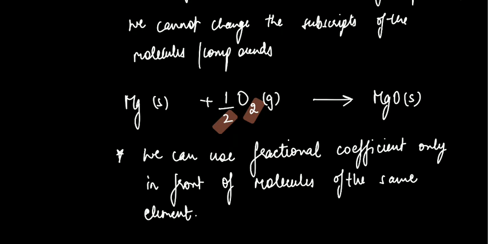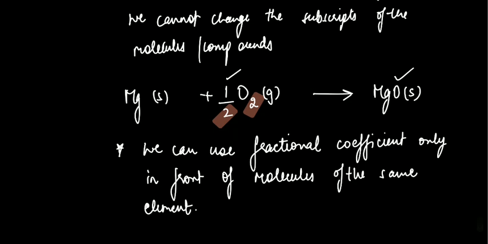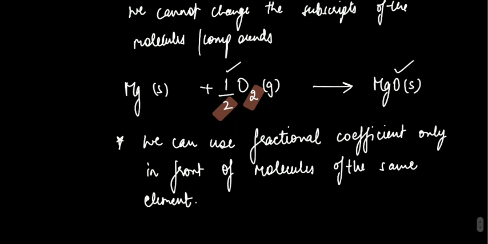The leftover oxygen is only 1, and on the right hand side also one oxygen atom is there. So it's perfectly balanced. We can do it this way also, but only on theoretical grounds, only on pen and paper. We can't say we can do this on practical grounds. But on pen and paper, why not? We do have a lot of questions, a lot of numericals based on this.